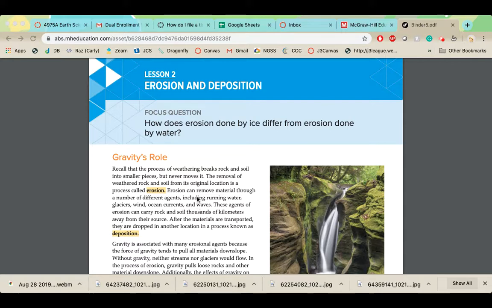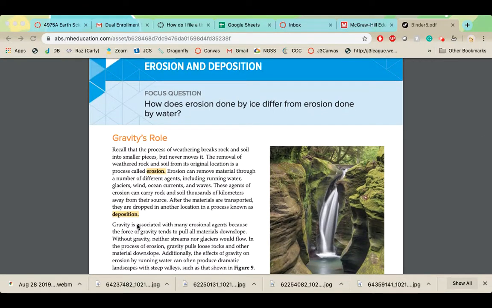These all carry rock, soil, sediment away from one source and to another place. And the final place that they deposit it, when they drop it off, it's called deposition. Deposition is the last step in erosion, when something finally gets deposited somewhere else.